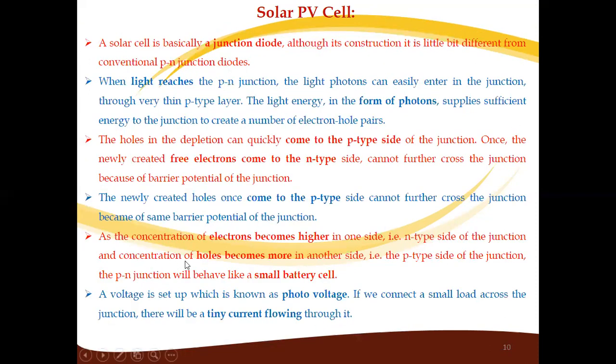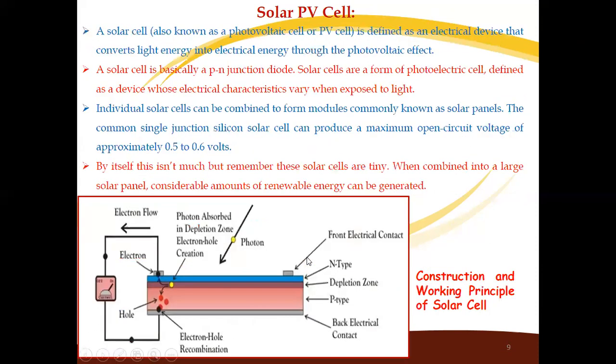So the concentration of electrons becomes higher on one side, that is the n type side of the junction, and the concentration of holes becomes more on the other side, the p type.